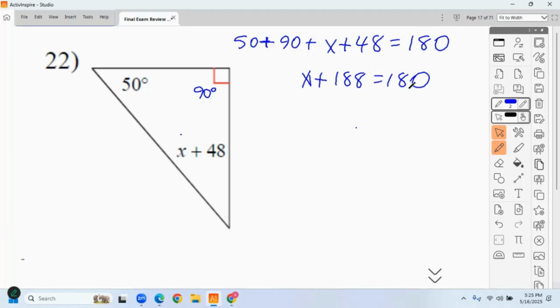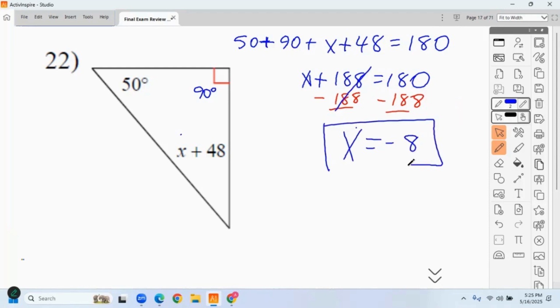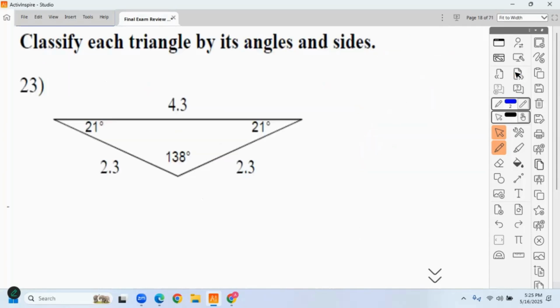This is going to be equal to this. So guys, I'm trying to put the algebra together so I can hurry up and move through this wonderful problem. x is equal to -8. Any questions? Probably not. Let's roll.